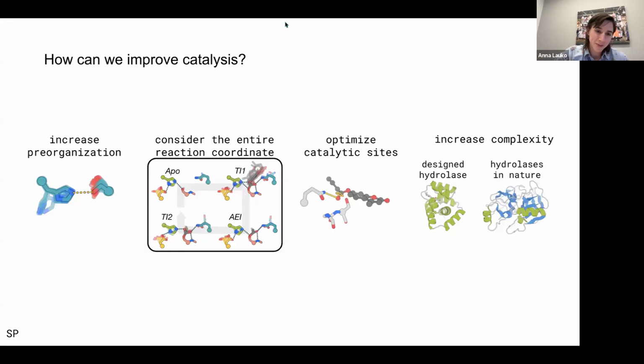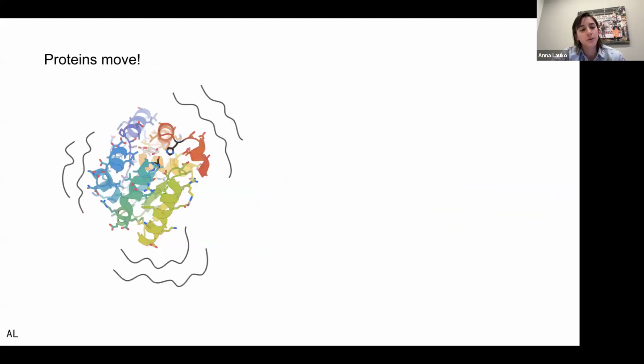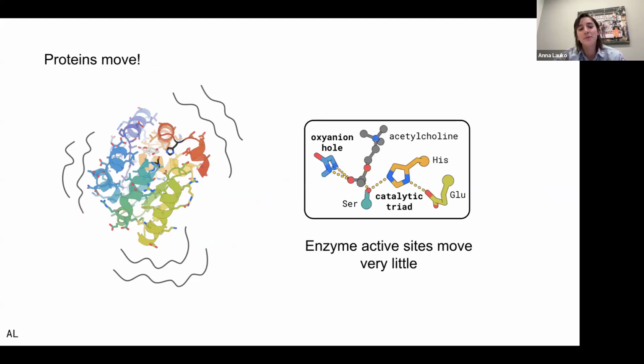Okay. Like Sam said, we weren't happy with our single turnover enzymes. So the first thing we thought about in terms of improving them to make them full turnover enzymes was increasing pre-organization. Pre-organization is a concept rooted in the fact that proteins move. The backbone's wiggling, the side chains are flapping around in the wind potentially.